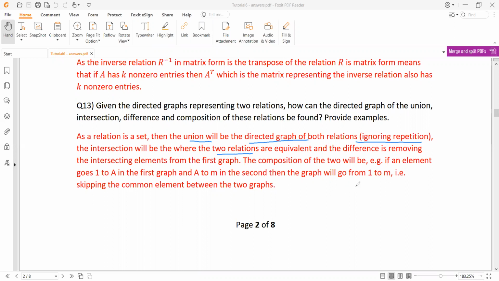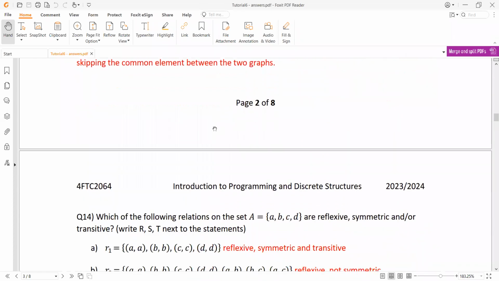For the difference, I remove the commonality from the one I need to do it on. And for the composition, if, for example, 1 goes to A and A goes to M, I represent an equivalent arrow, 1 goes to M directly, instead of having those two. You can practice more by having examples.